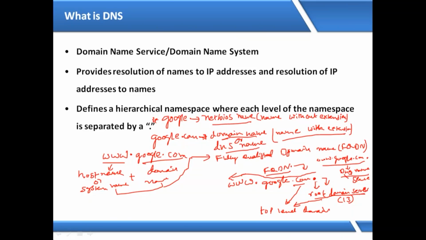So the root server contains the information of the top level domain servers like .com, .org, .edu. This top level domain server contains the information about the second level domain server, and the second level domain contains the information about the sub level domain.